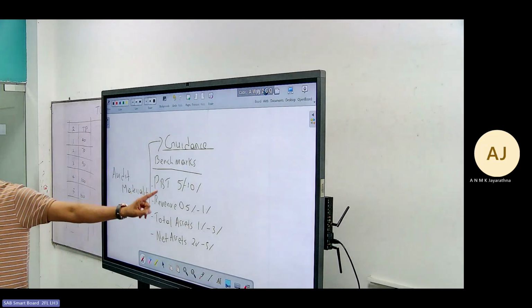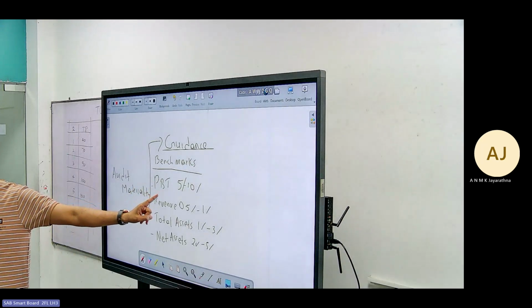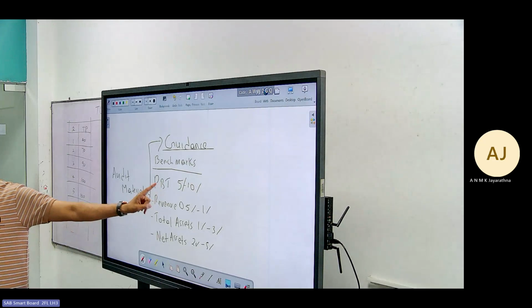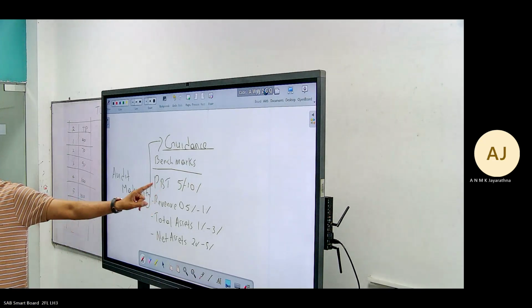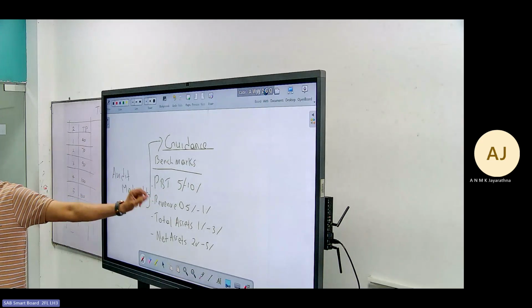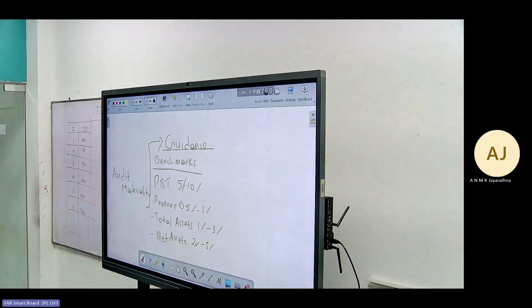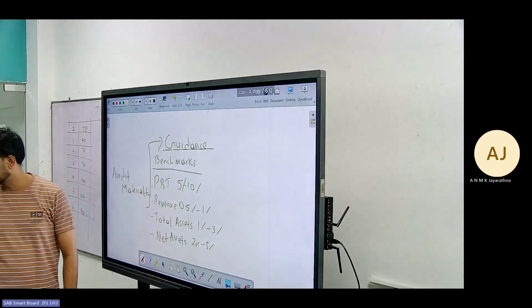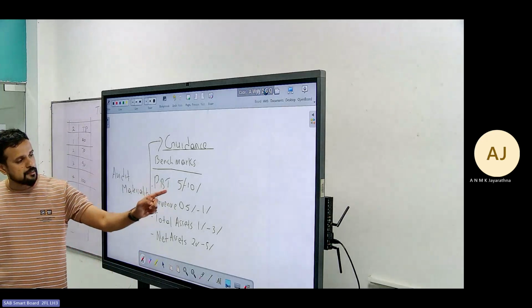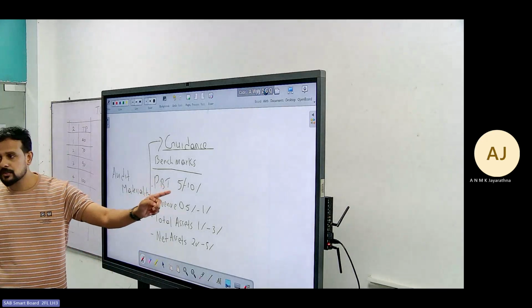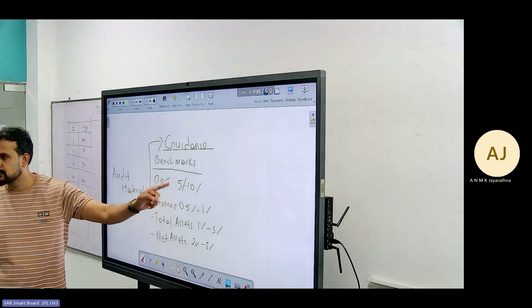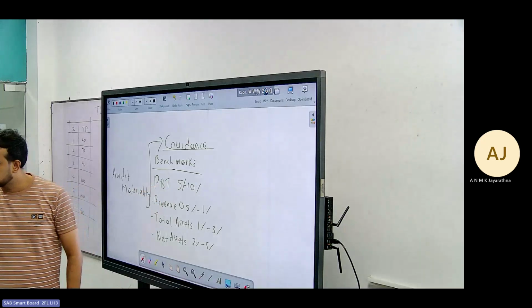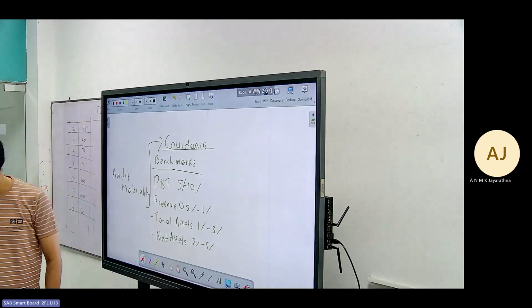This is professional judgment, and professional judgment must be justified. So if you take PBT, you have to justify why you have taken PBT. Out of this PBT, whatever percentage you take, 8% or 7% or 5%, that percentage must be justified.